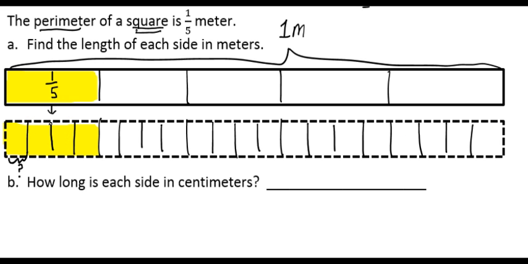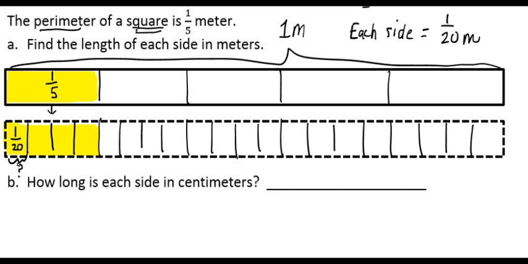If you look across the tape, we now have 20 sections that make up the whole. So each of these is 1/20th of a meter. And again, these 4 sections are the 4 sides of the square. So each side equals 1/20th of a meter.